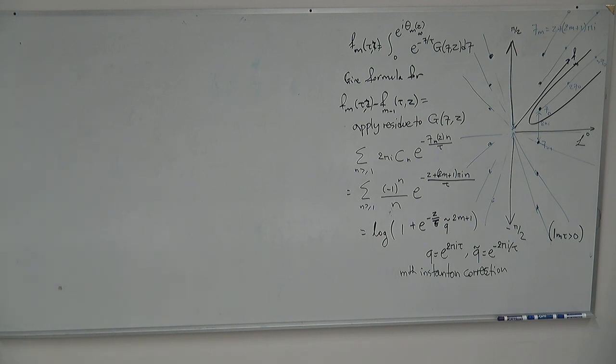And if you actually change variables as I was doing before, you can find out that this is what I called f sub tau. This is a little cleaner, q to the 1/2 e to the z, q infinity, minus q tilde to the 1/2 e to the z over tau, q tilde infinity.